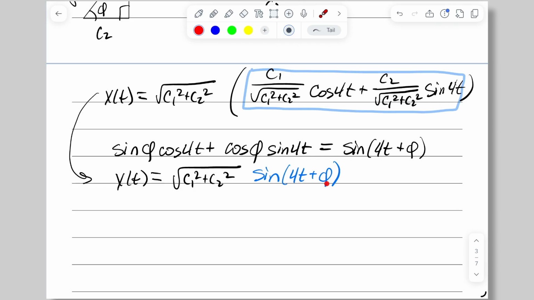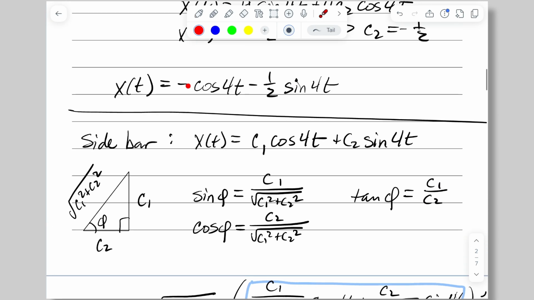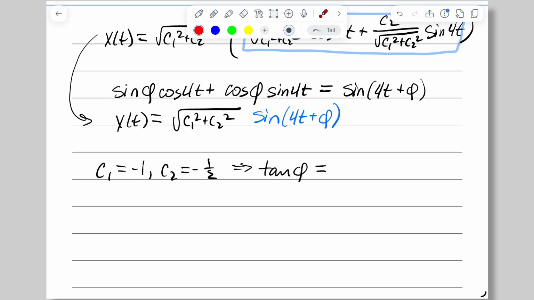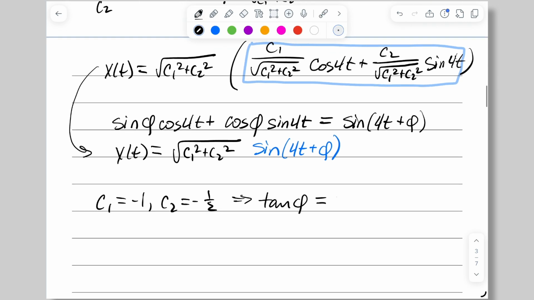To find out what phi is, well, the tangent of phi is c1 over c2. What were c1 and c2 in our case? Well, we had that c1 was negative 1 and c2 was negative 1/2. So the tangent of phi, which is c1 over c2, is 2.